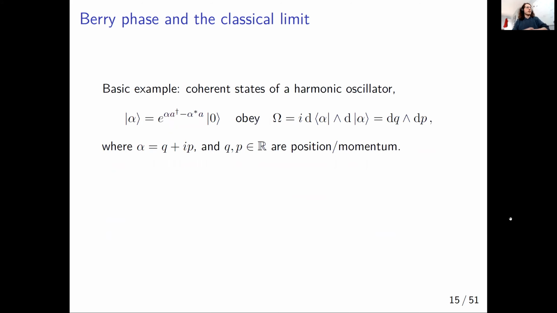The most basic example of this is probably given by the coherent states of a harmonic oscillator. The Berry curvature of such states is just dq wedge dp, where q and p are the classical position and momentum variables.